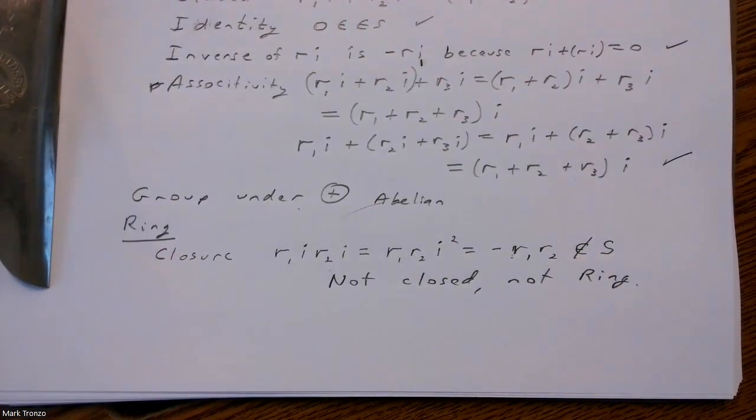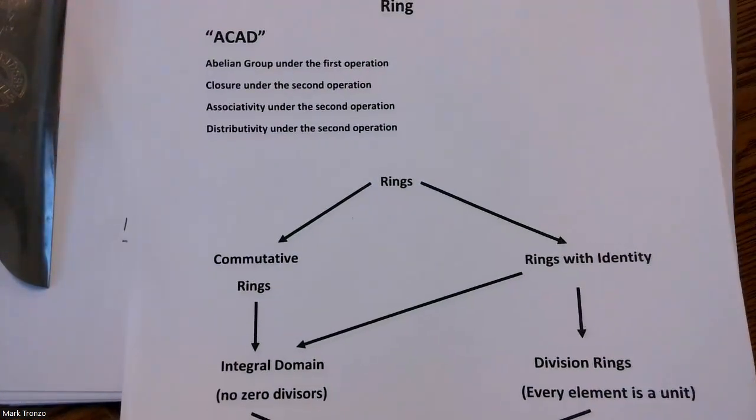And so it's not a ring. Any questions on that? That would be one, if you're starting right from the start and trying to determine if something was a group or a ring. So always remember, of course, that CIIA is for a group and ACAD is for a ring, or you might have your own way of memorizing those things.